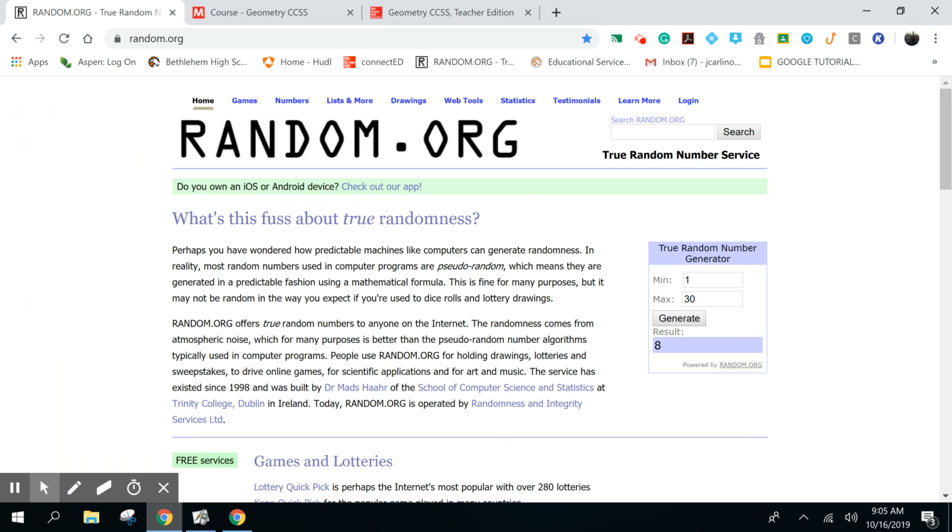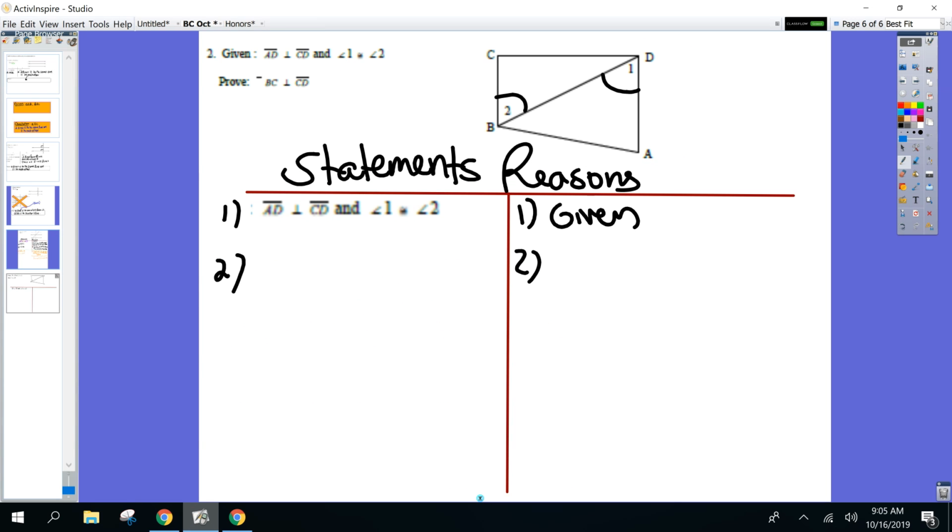Let's not make words up here. If one is congruent to two, anything I can get out of that? Who's got 11?